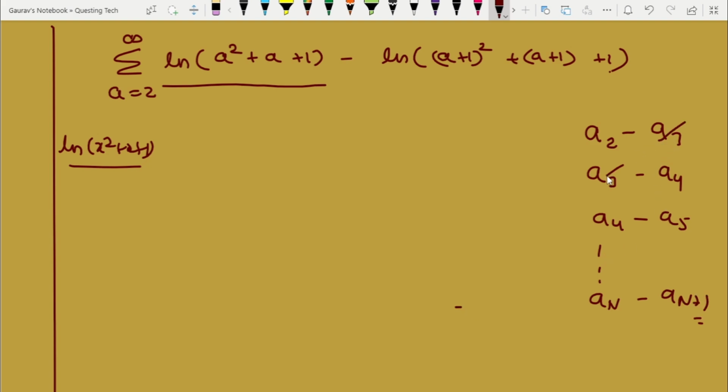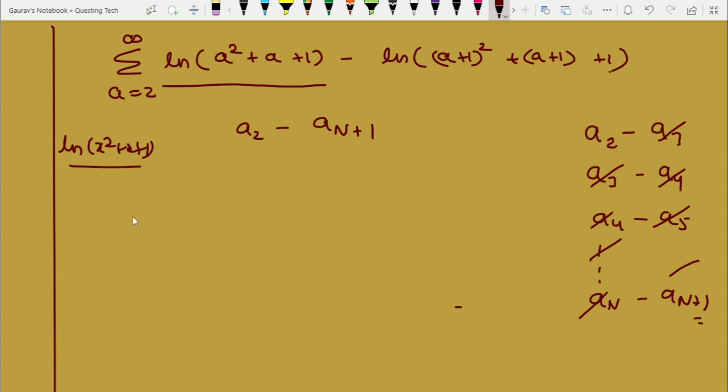So these terms are going to be cancelled out. Sure. 4, 3, 3, 4, 4, 5, 5 as far as this a_n. So what we have here is a_2 minus a_{n+1}.